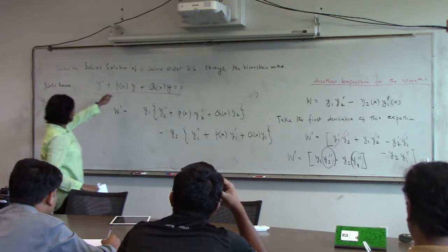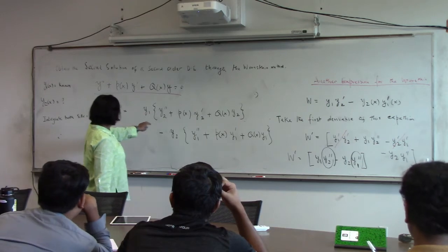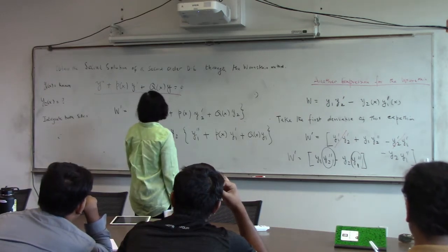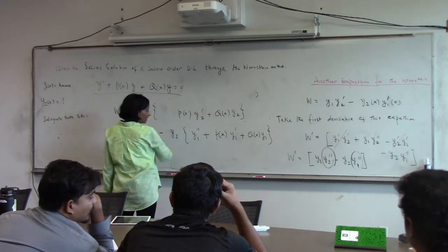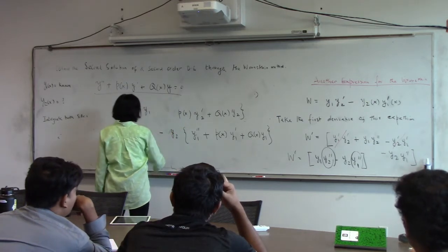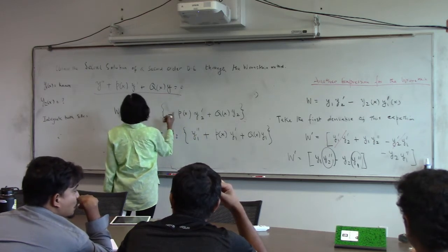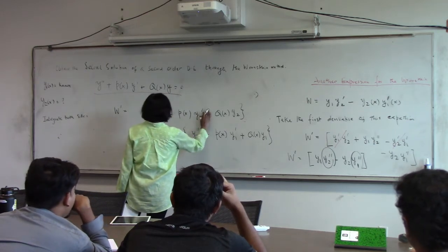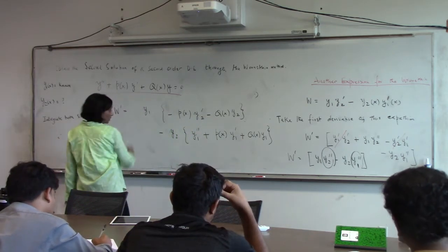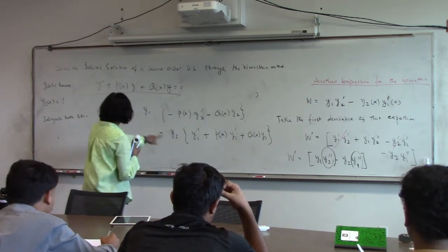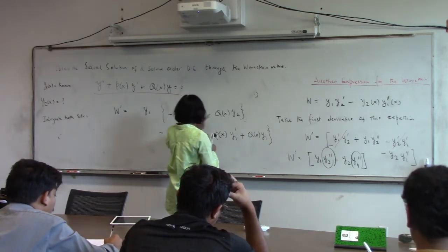Sorry, I'm just making a mistake. y2 double prime is, so y1 times that, which is minus p(x) y2 prime minus q(x) y2. All I'm doing is substituting for y2 double prime.